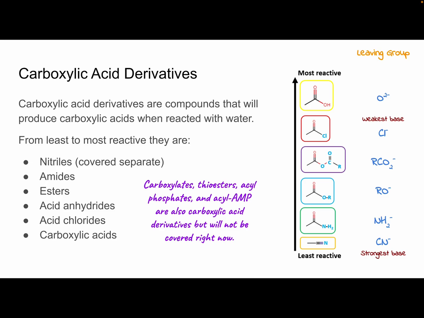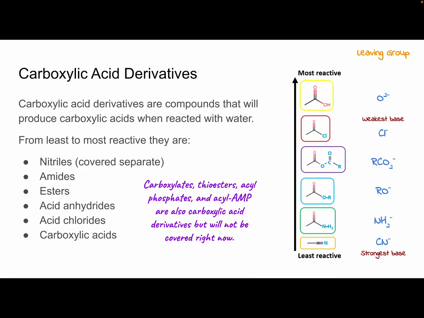The nitriles I went ahead and moved into a little bit of a different section. If you want to see an explanation on that, watch the full videos. There are also carboxylates, thioesters, acetyl phosphates, and acetyl AMP. Those are also technically carboxylic acid derivatives, but we are not covering them in this class.